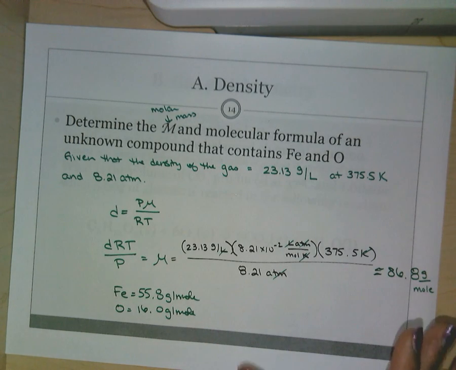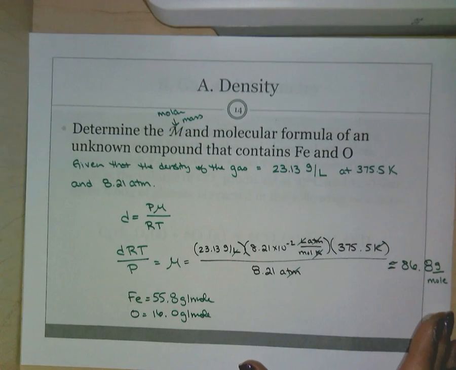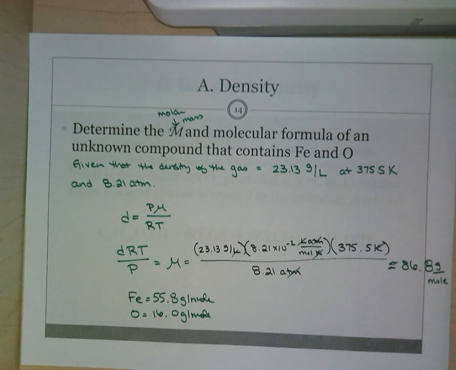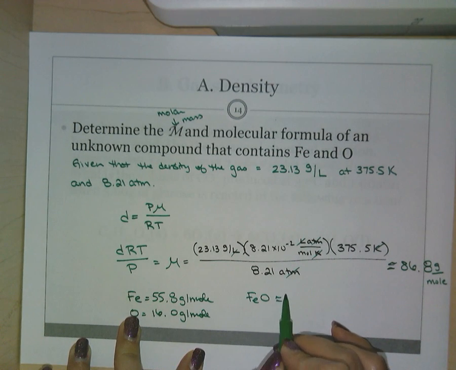So now we're looking for a combination of iron and oxygen that has that molar mass. So what if I did a 1-to-1 ratio? 1 iron, 1 oxygen. How much would that weigh? Like 72, right? All right, so FeO is around 72.